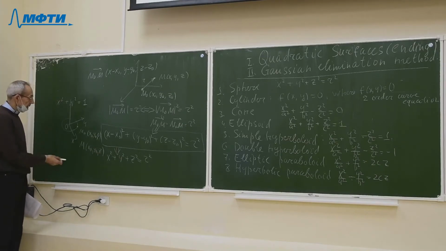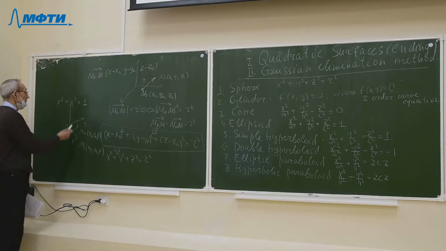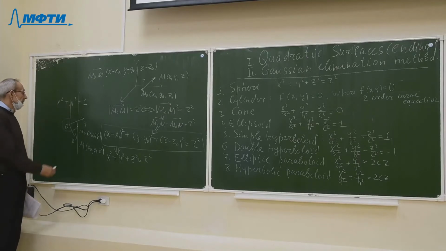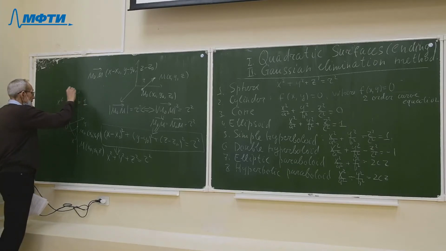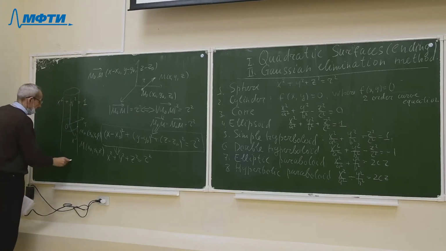This point also satisfies this equation, and we have a straight line which is parallel to the coordinate axis z, and this straight line belongs to our quadratic surface. In this case, we obtain the so-called cylinder.